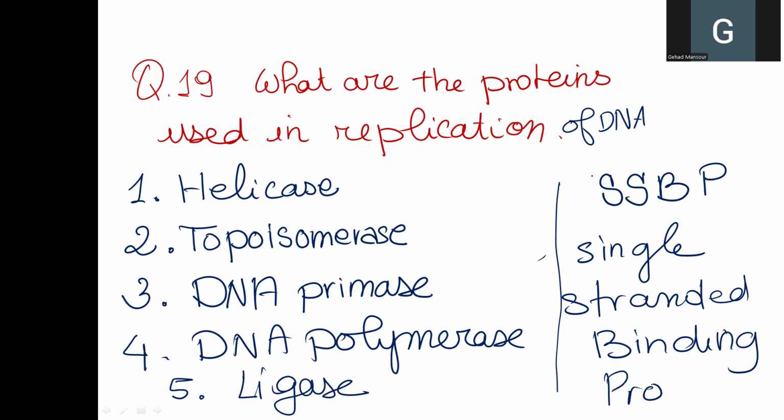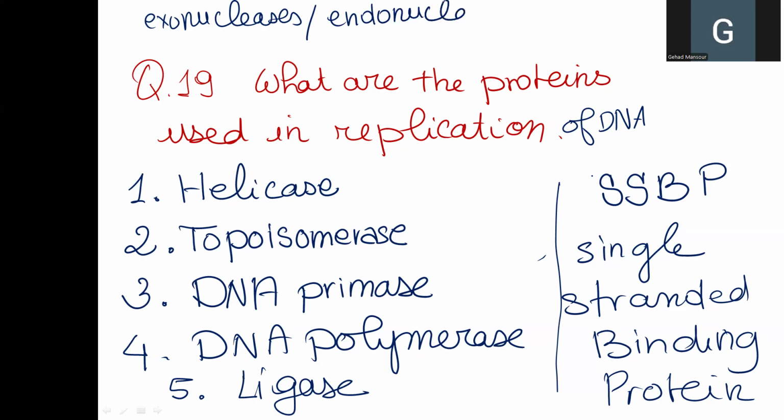I would like to emphasize that concerning the repair we talked about before, the exonucleases that remove the incorrect segments from DNA at the extremities, and the endonucleases, are not only responsible for excision, but also for detection of the incorrect part.